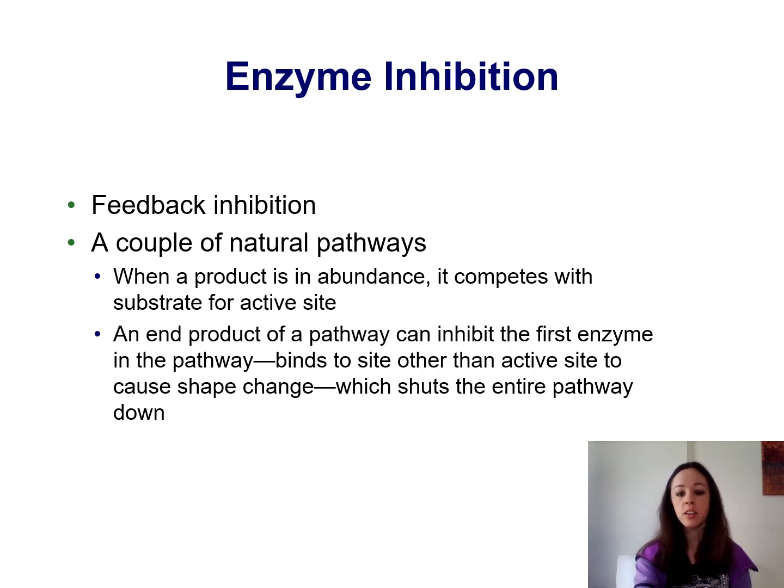The end product can be used to block the substrate from getting to the first enzyme. And it does this by connecting to another site on that first enzyme, thereby changing the shape of the active site and preventing that first substrate from getting to the active site and therefore shutting down the entire enzymatic process.